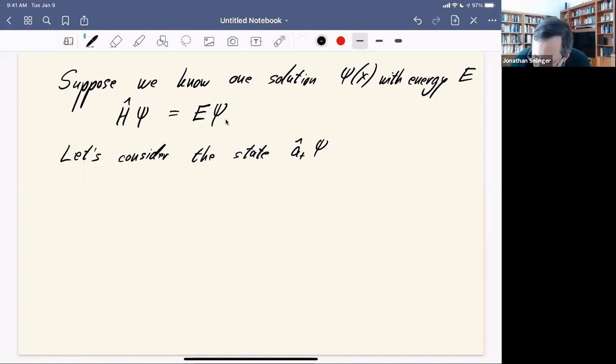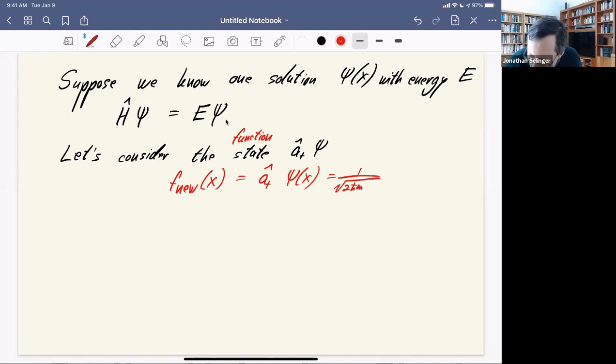Instead of the state, I could say, let's consider the function, so there's some f nu of x, which is A plus acting on psi of x, which means 1 over the square root of 2 h bar m omega, and the minus ip plus m omega x, all of these operators acting on psi of x.